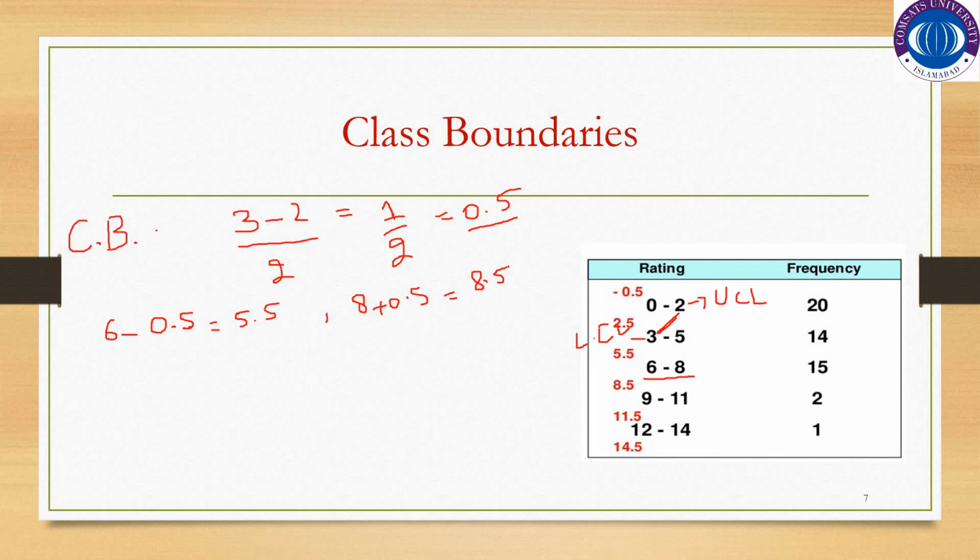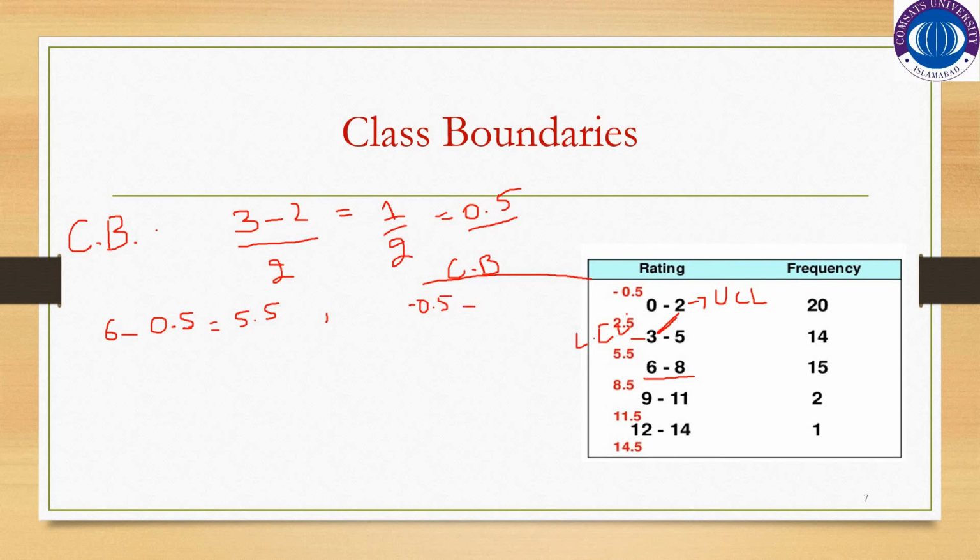Okay. Now, if I make a class boundary table for the given example, I will have a column like this. Class boundaries. We have calculated the number, that was 0.5. We will subtract it from the lower limit. What will be the answer? Minus 0.5.